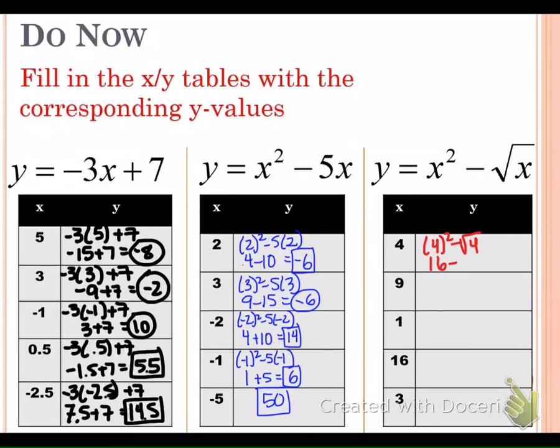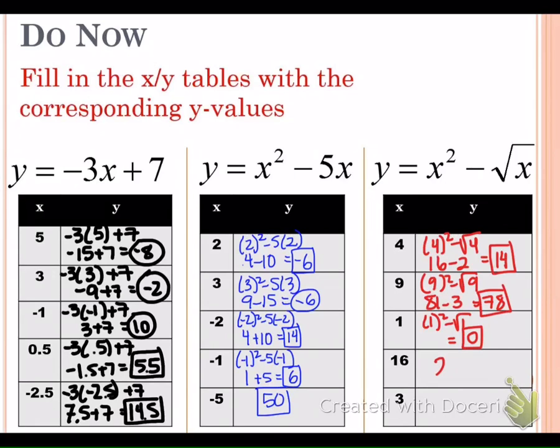It's going to give me 16 minus 2 or 14. 9 squared minus square root of 9. 81 minus 3. 78. 1 squared minus square root of 1, which is just going to give me 0. 16 squared is 256. 256 minus 4 is 252, right?